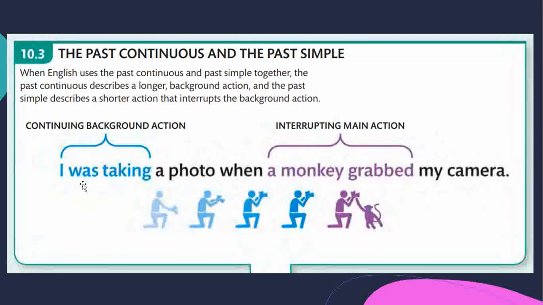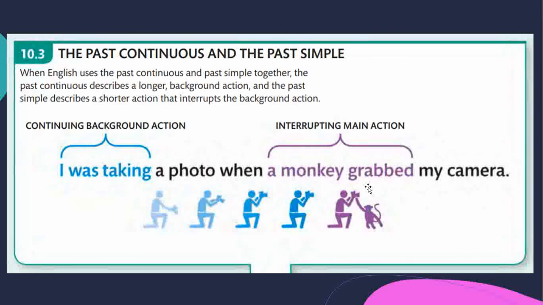Let us see. I was taking a photo when a monkey grabbed my camera. I was taking, now this action continued in the past, so this was a background action or the continuous action, and then simple past interrupts this long continuous tense or the past continuous tense.